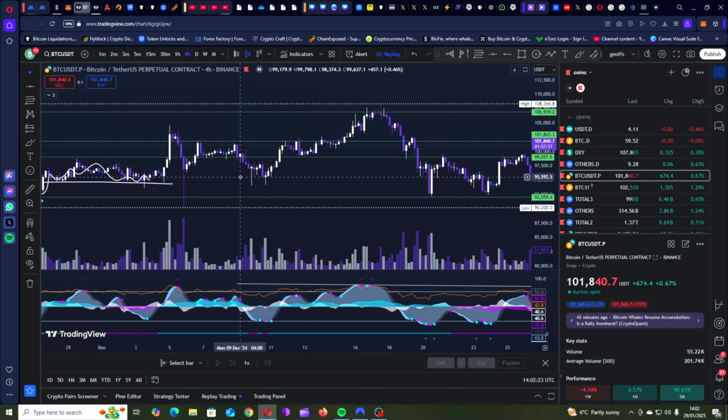But this is where volume comes into play. So if you look at that candle there, that bearish big boy, and you look at the next candle to it, if we look at the volume, that bearish volume is higher than the bullish volume, correct?